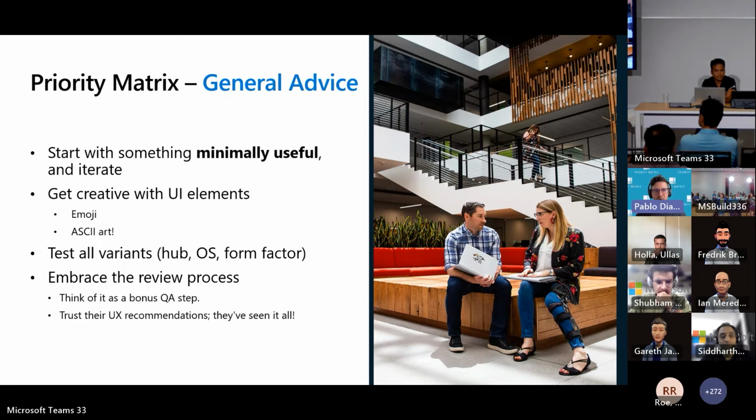Find something minimal, small, that's useful. For example, in our case, I was showing a due date when some task was overdue. Run it through the whole process, make sure you go through the review, publish it, and then once you have a beachhead, iterate and build upon that. You will find that you will learn a lot along that process that will be useful when you make a much more complex loop component.